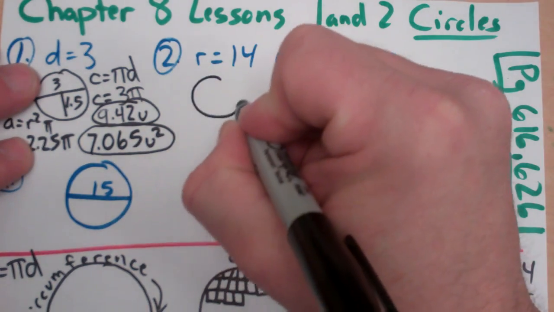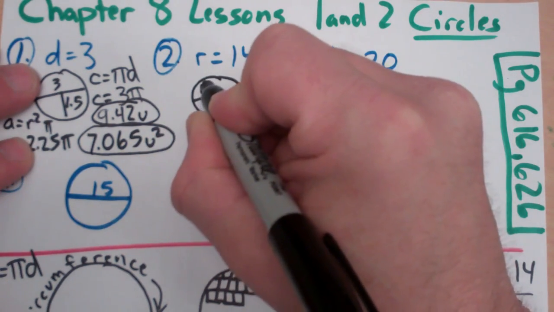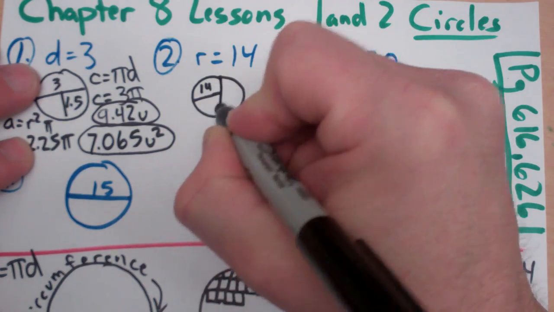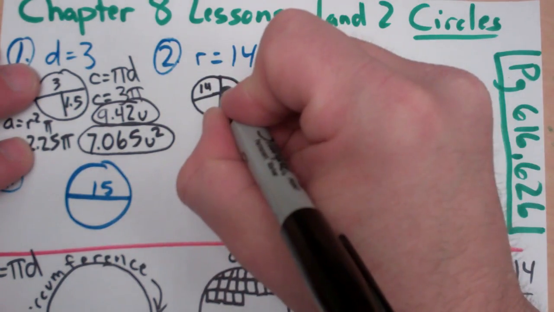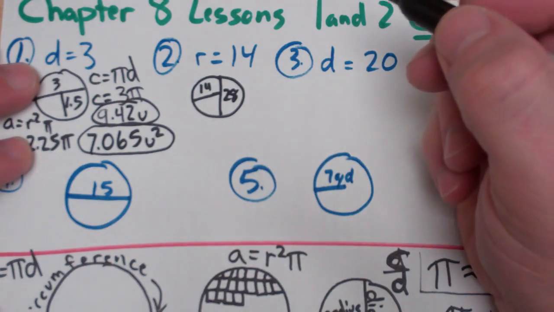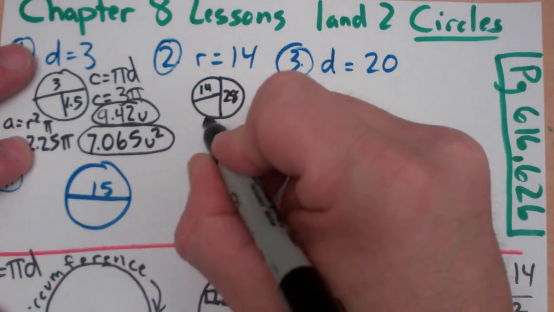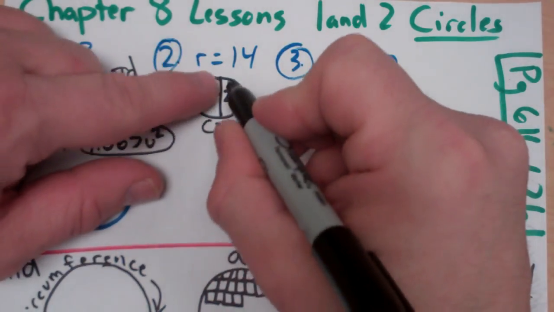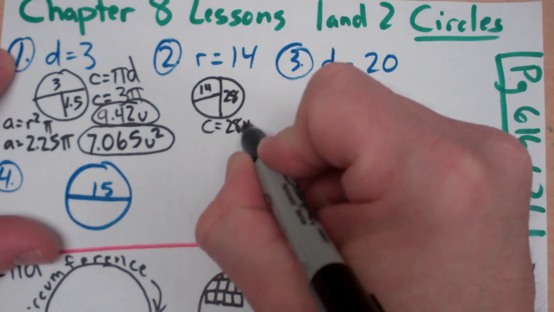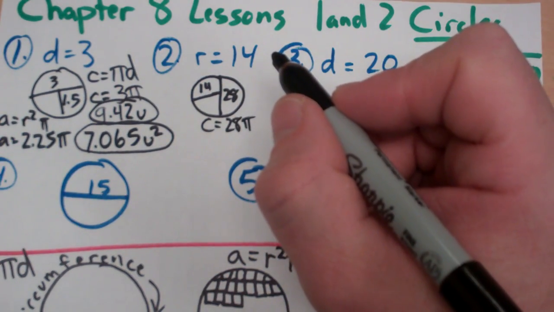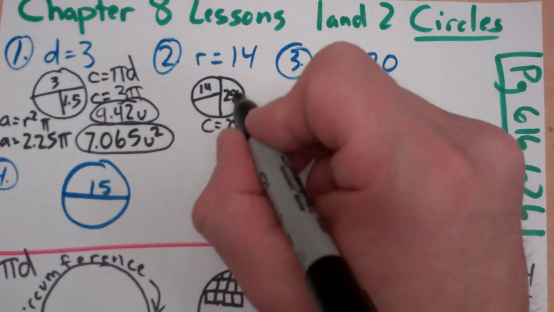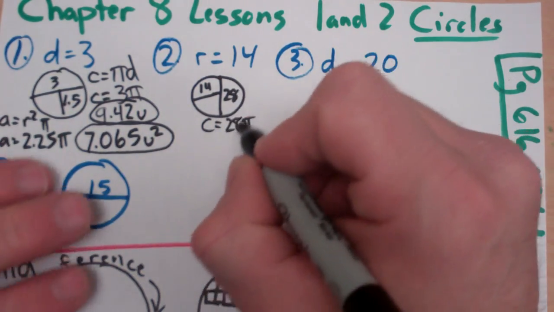The second one says a radius of 14. So remember, that's the radius. If the radius is 14, the diameter would be double that, times 2 is 28. If I wanted the circumference, pi times diameter, that's the 28, so 28 pi is one way to write it. I could also take 3.14 times 28, and you would get 87.92 units to go around that circle.